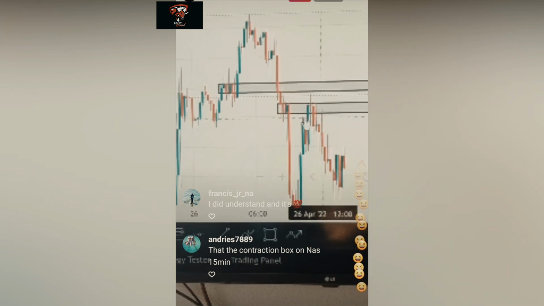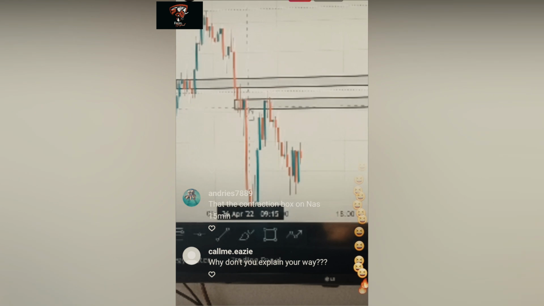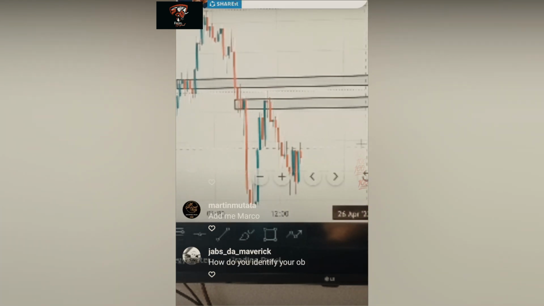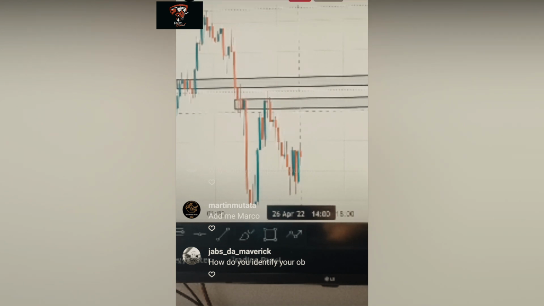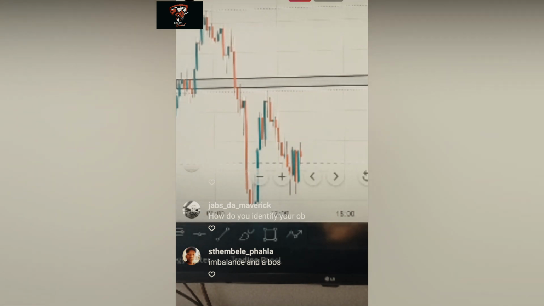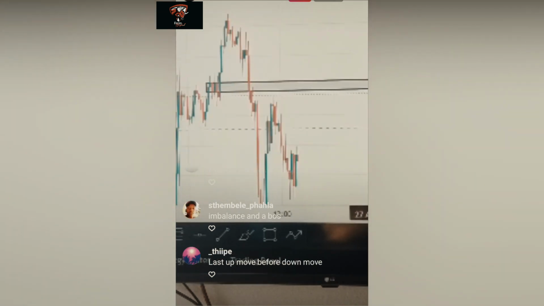And the candle just after the actual order block should be an engulfer. That should be the engulfer.